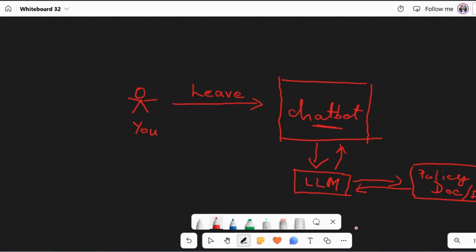Once it gets the answer, it formulates and structures that answer in a proper way, passes it on to the chatbot, and you get your answer back that you can take 12 leaves in a year.